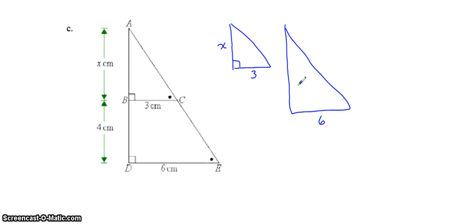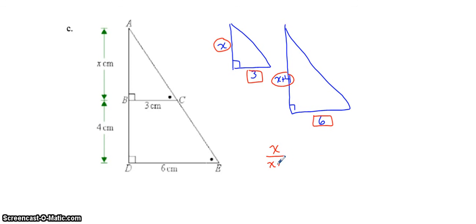This is 6. This here, it's this entire length here, which means it is X plus 4. So the X will go with the X plus 4. The 3 will go with the 6.